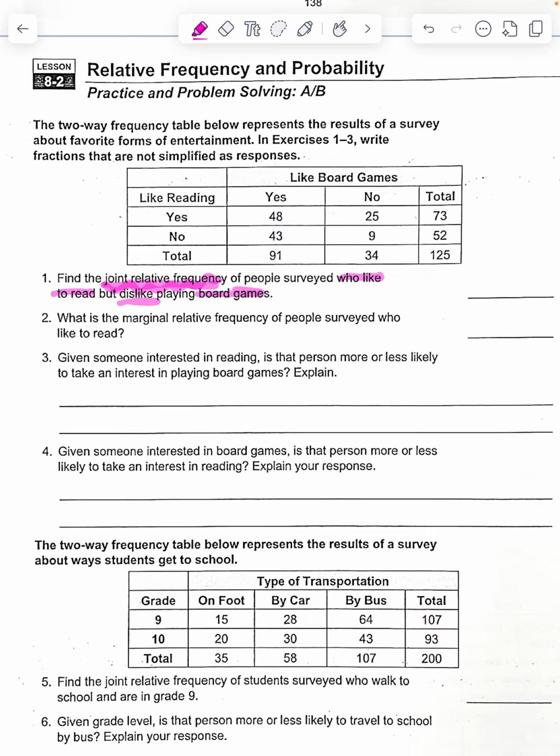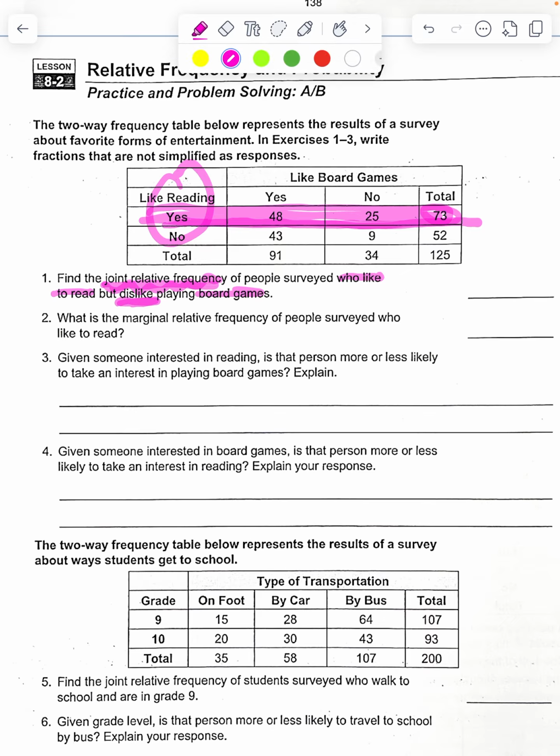Who likes to read? This is reading. Yes. Let's look at the reading, 75 people like reading. People who like reading is this row. But we need to find people who dislike board game, so that means no for board game.